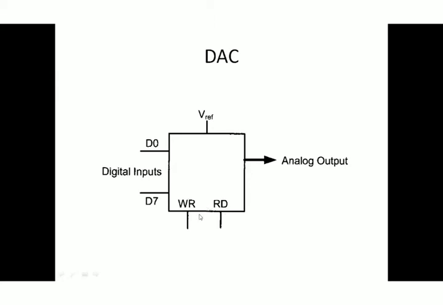One control signal is enough, like a start conversion signal or a write signal. Once we apply the digital input and supply the write control signal, this will write to the DAC, which converts the digital signal into analog, and that will be available on the analog output pin of the converter.